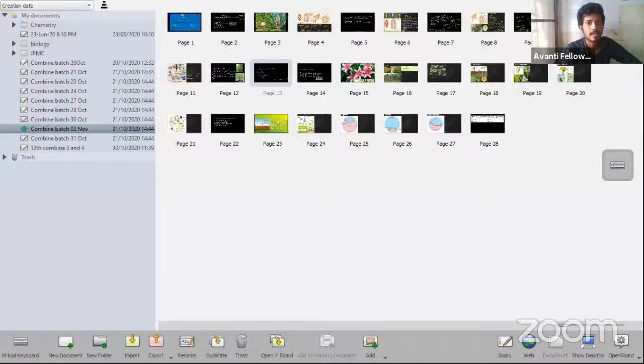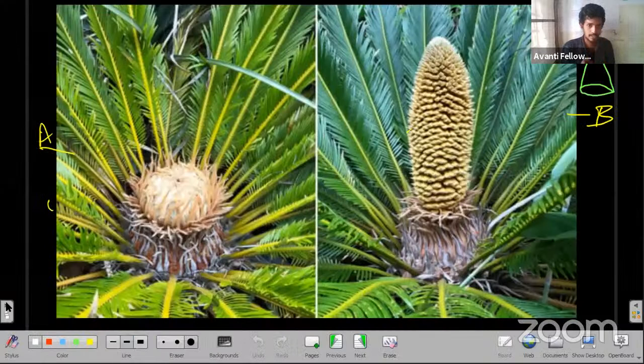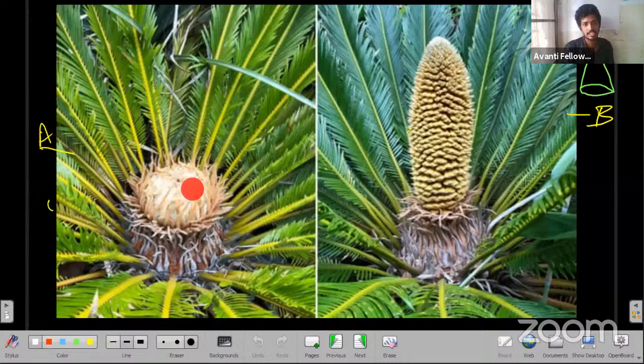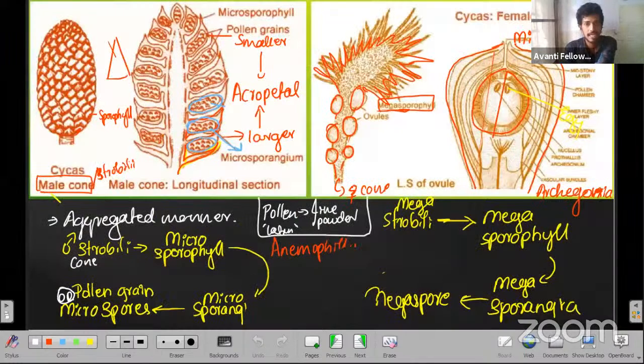So I'm going back to the starting because someone has not attended. These are the structures of different kinds of plants. Now you can differentiate this one, right? Male and female. We learned how the male and female systems work. Male has structures called male strobili, which have the microsporophyll.